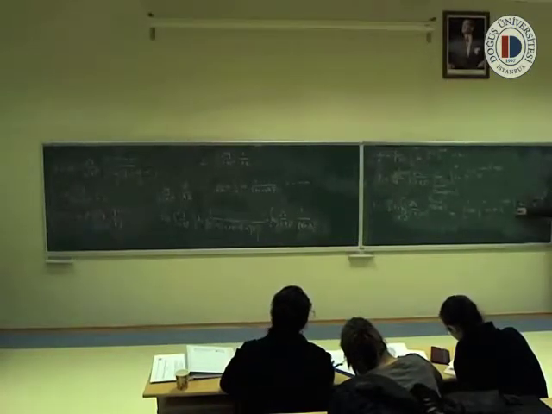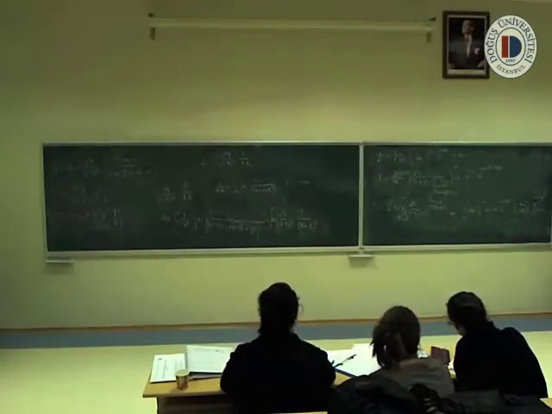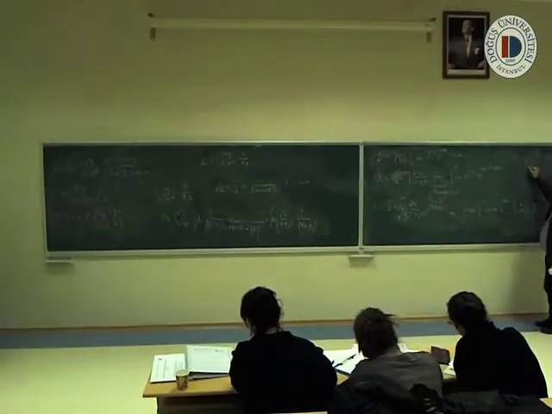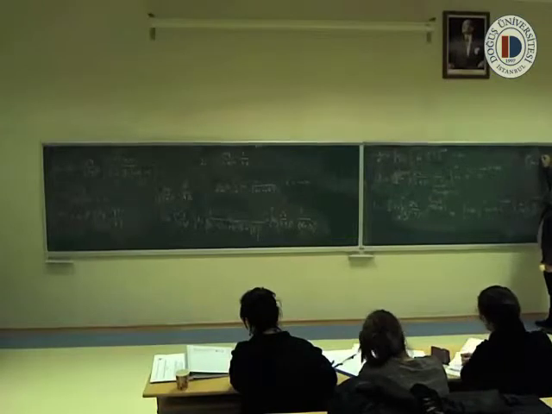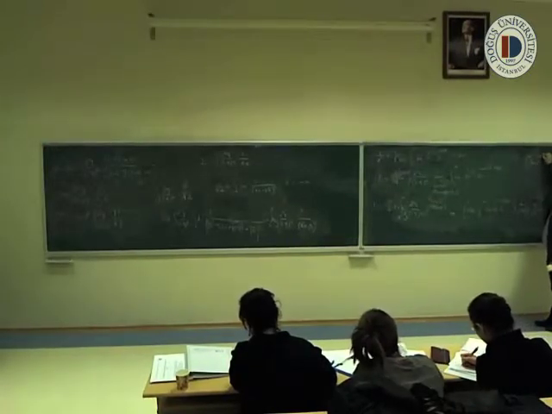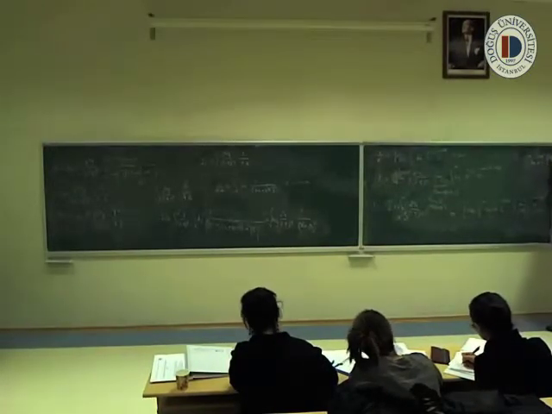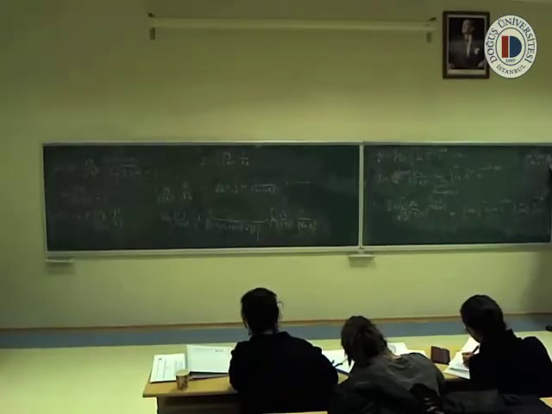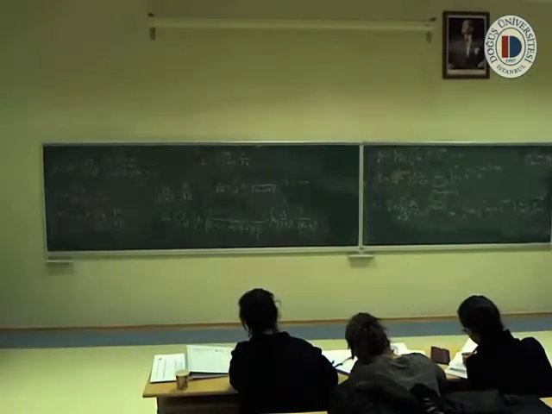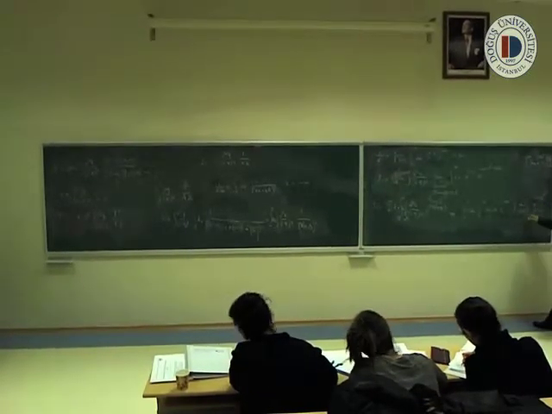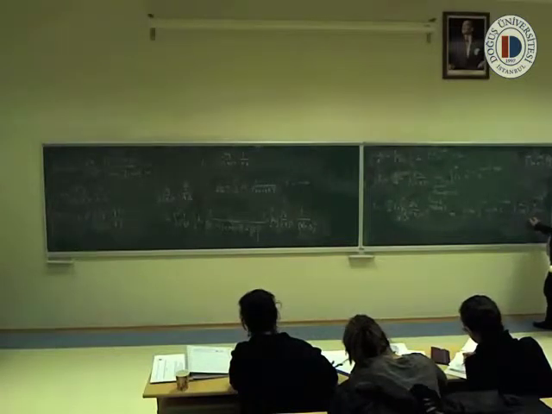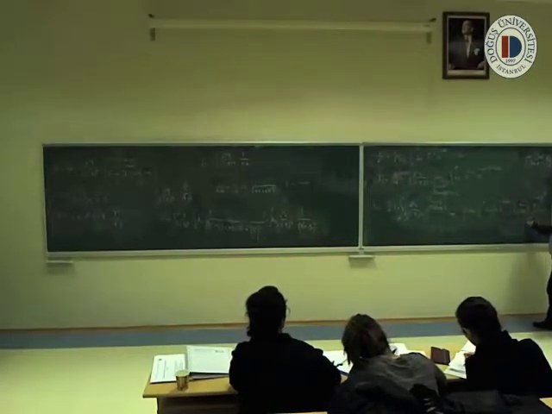So this is a Gaussian integral, and you know the integral from 0 to infinity dx e to the power minus alpha x squared is the square root of pi over alpha in 1 dimension. So in 4 dimensions, we can write it as the square root of pi over alpha, to the power 4.